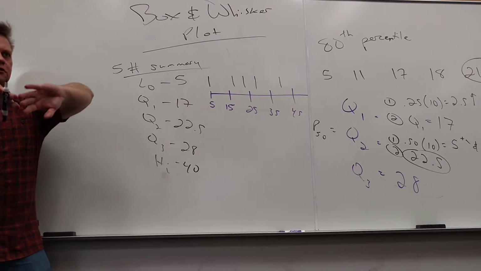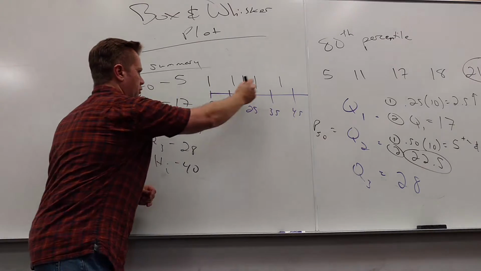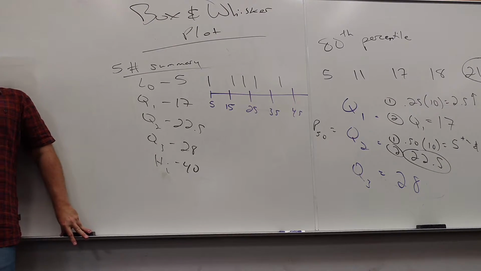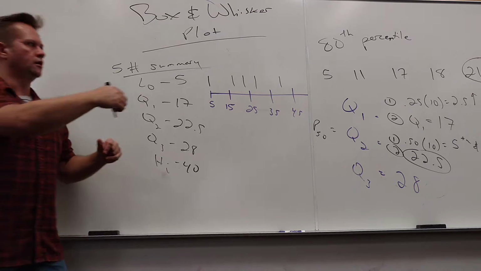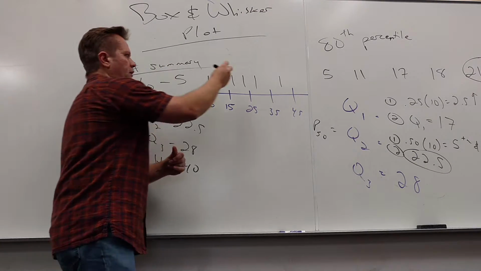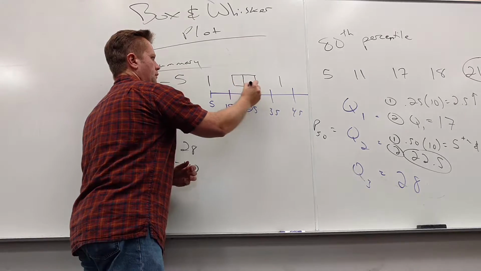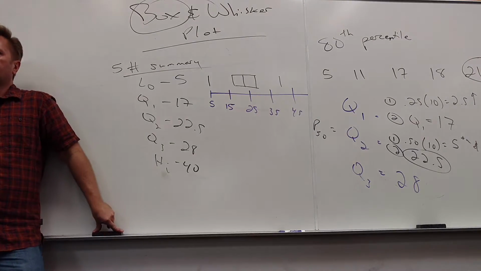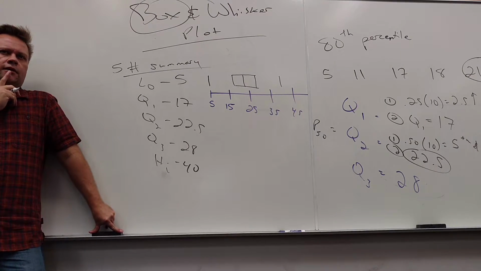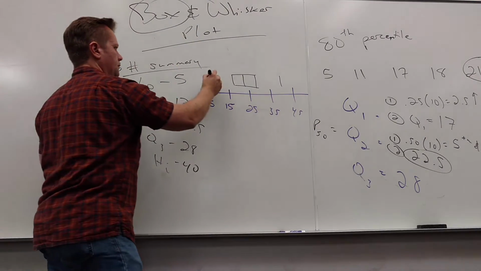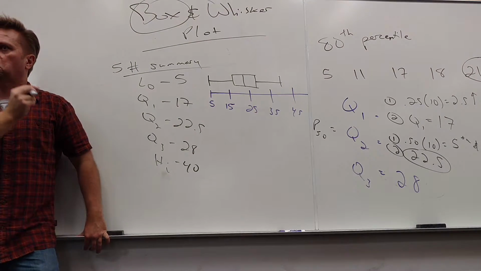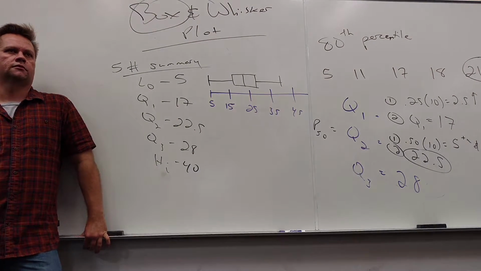And if you want to resolve it a little bit better, you can make your scale smaller than 10. Whatever you've got to do. I didn't have much room to work with. The middle 3, you put a box around it. And then the outer ones, some whiskers.